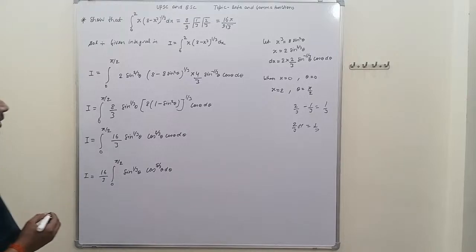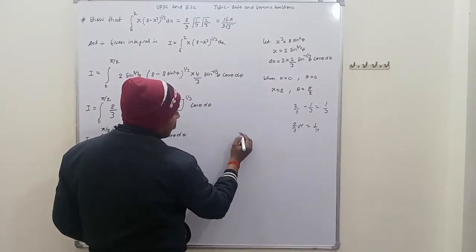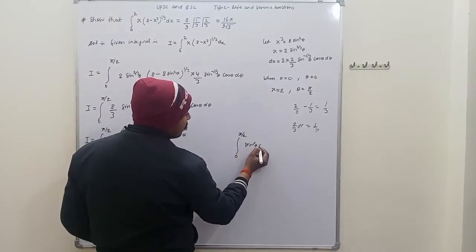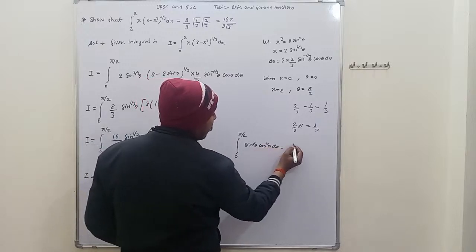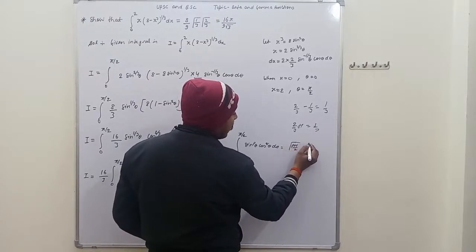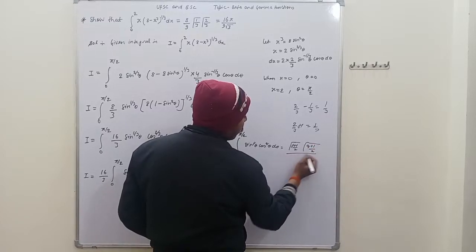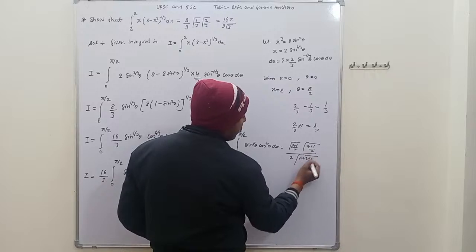Further we have to use the formula: the integral from 0 to pi by 2 of sin to the power p theta into cos to the power q theta d theta is equal to gamma of (p plus 1) by 2 and gamma of (q plus 1) by 2 upon 2 gamma of (p plus q plus 2) by 2.